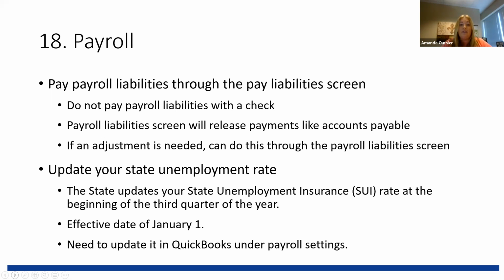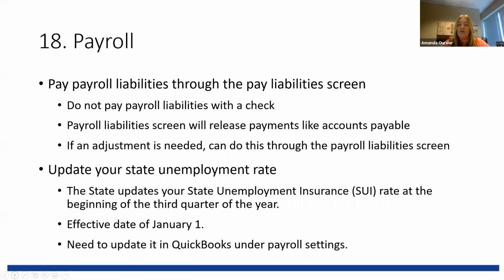The other thing that we want to talk about is your state unemployment rate. That changes on January 1 of every year, and it may go up or down depending upon your organization and situation. What you want to make sure that you do is, prior to running the first payroll, and for us now, we're going to be looking at 2022.